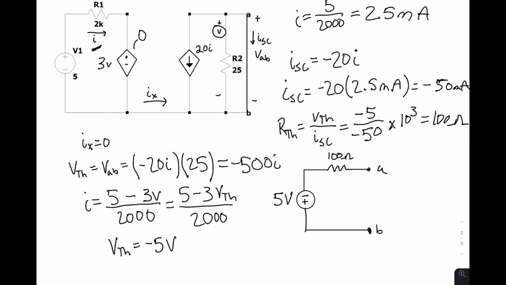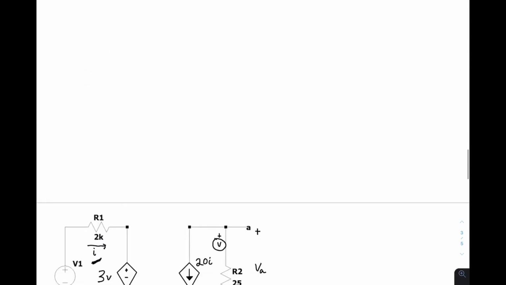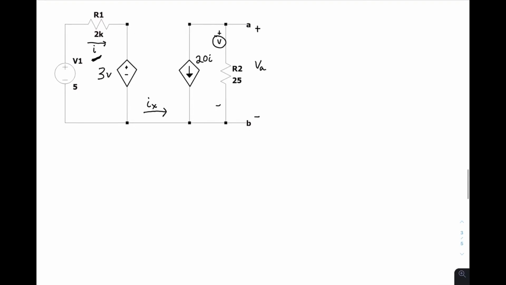So in this final example, you can find the Thevenin equivalent using a test source. In this method, we can excite the circuit from the terminals A and B with either a test voltage or a test current source.